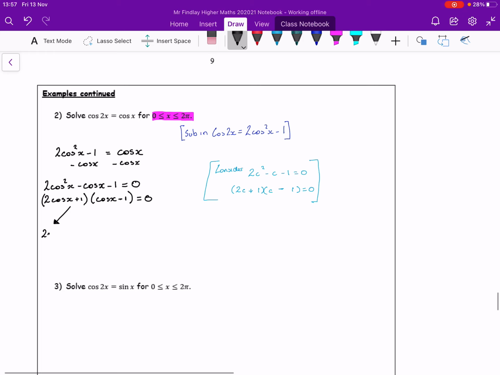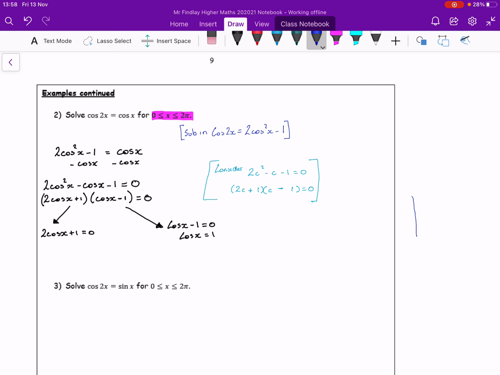I've got one that involves 2 cos x plus 1 equals 0, and I've got one which involves cos x minus 1 equals 0, and solve them separately. So cos x is equal to 1, and in this particular case, when is cos x equal to 1?